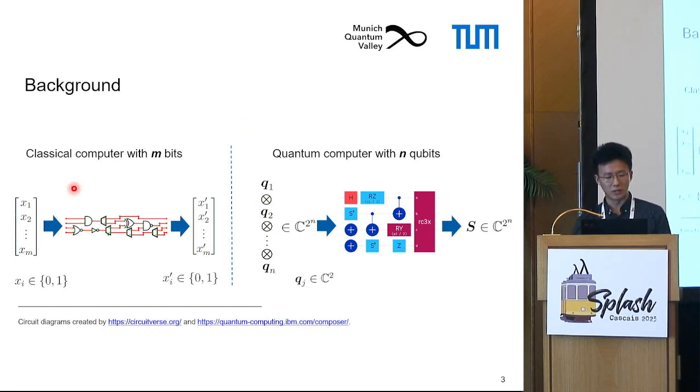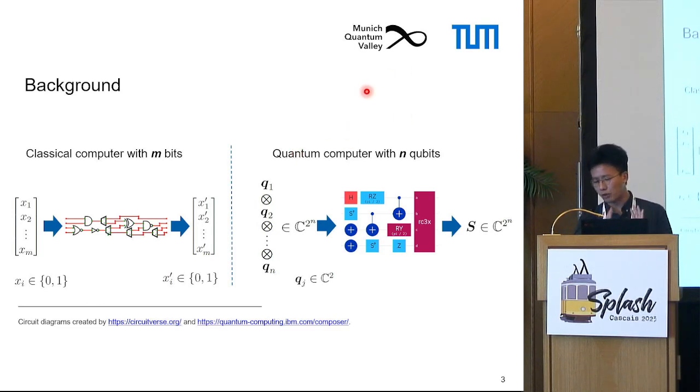We use this to represent the state of classical computing. Then we have a circuit, which is a low-level representation of algorithms. The circuit acts upon the state, and we get an output state, which is again a column vector of length m. However, things become different in quantum computing.